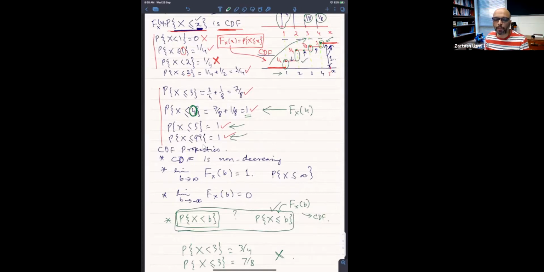So that means these probabilities would be unequal. Discrete random variables में ये अक्सर ऐसा होगा कि these two guys will not be equal. Continuous random variable के केस में they will always be equal. Mixed के केस में कहीं इक्वल होंगे कहीं नहीं होंगे.